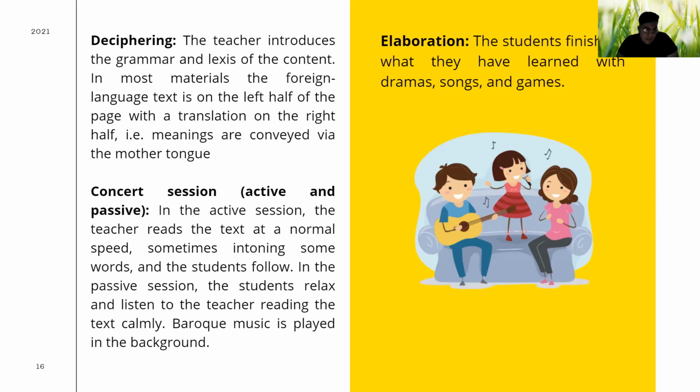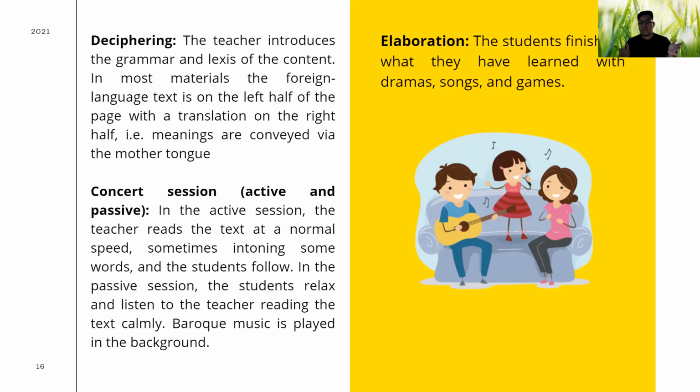Here, yes, we can use our mother tongue. Let's say you have your notebook, and in the left part of the page you have the text in its original language, let's say English.